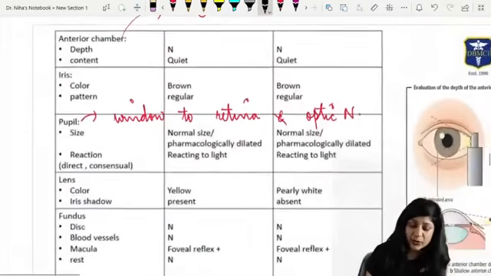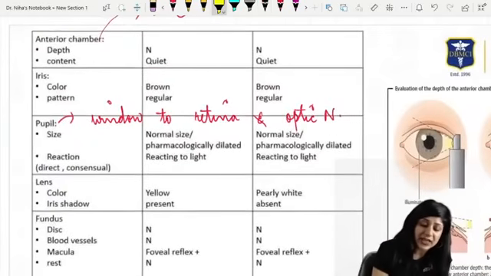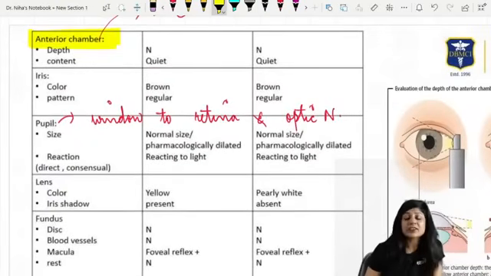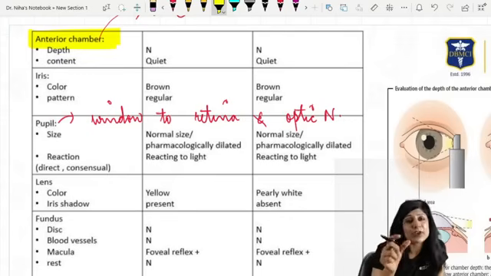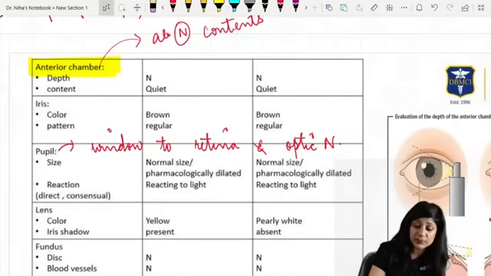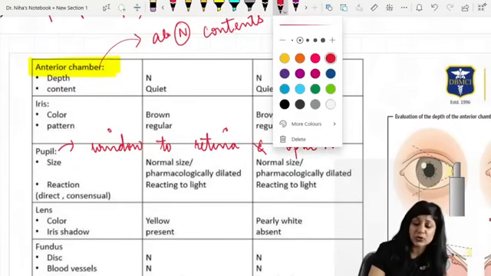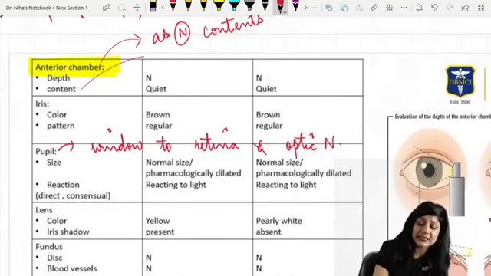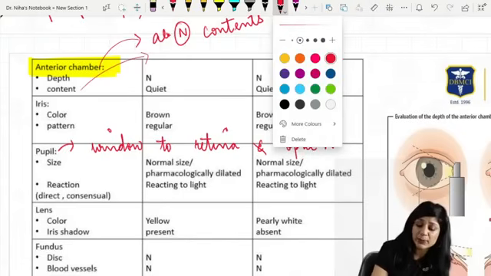Then another important thing that you have to look for is the anterior chamber. What are the things you have to see? What is the depth of the anterior chamber? What are the contents of the anterior chamber? Normally the anterior chamber should be quiet, but we can have certain abnormal contents. What are these abnormal contents?